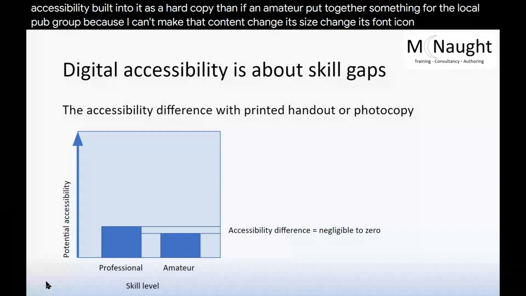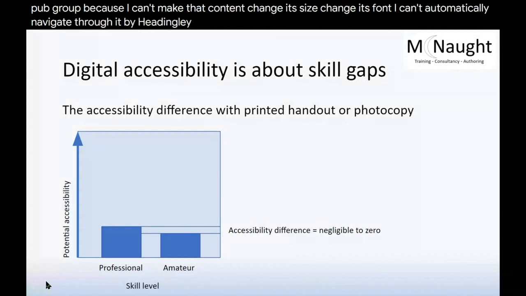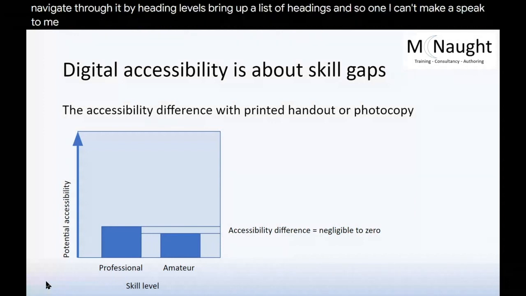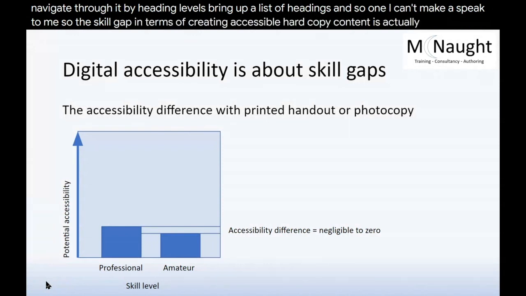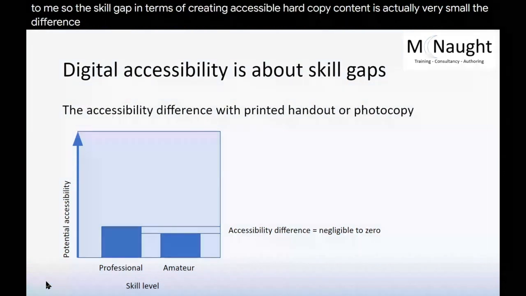I can't automatically navigate through it by heading levels, bring up a list of headings and so on. I can't make it speak to me. So the skill gap in terms of creating accessible hard copy content is actually very small. The difference between a professional and an amateur is negligible.